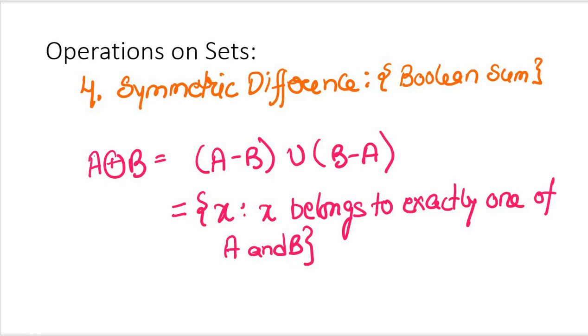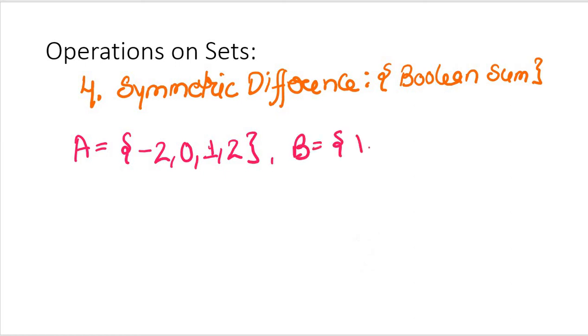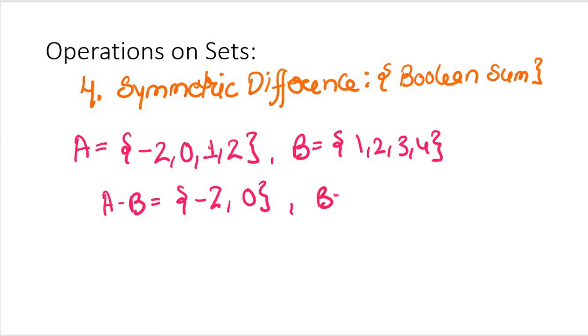Right, let's take one example so the things will be much clearer. Let's say I have A as -2, 0, 1, 2, and B is 1, 2, 3, 4. So A minus B is -2, 0. We got the unique ones. B minus A is 3, 4. Once again the unique ones.